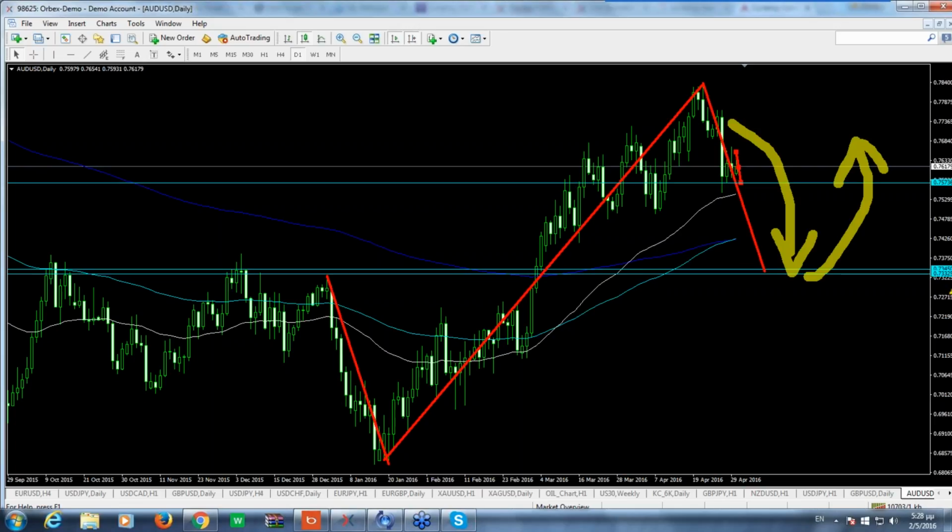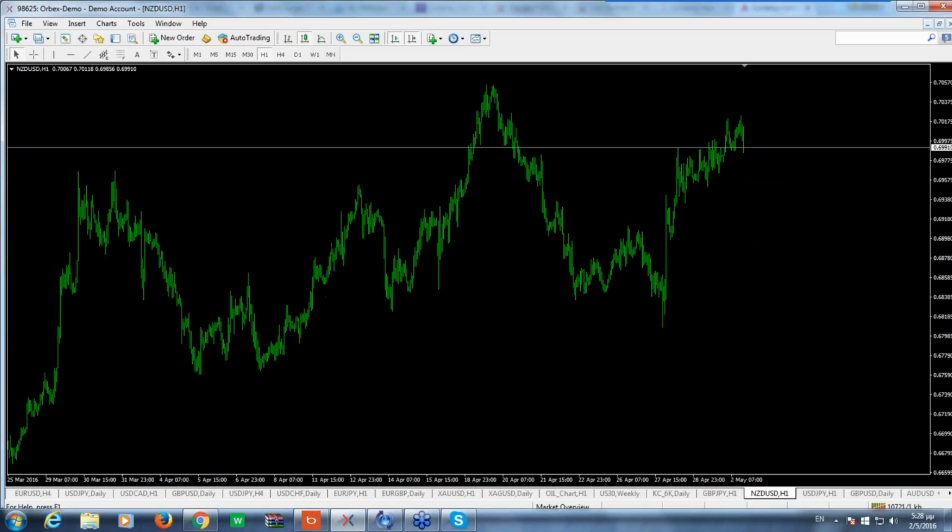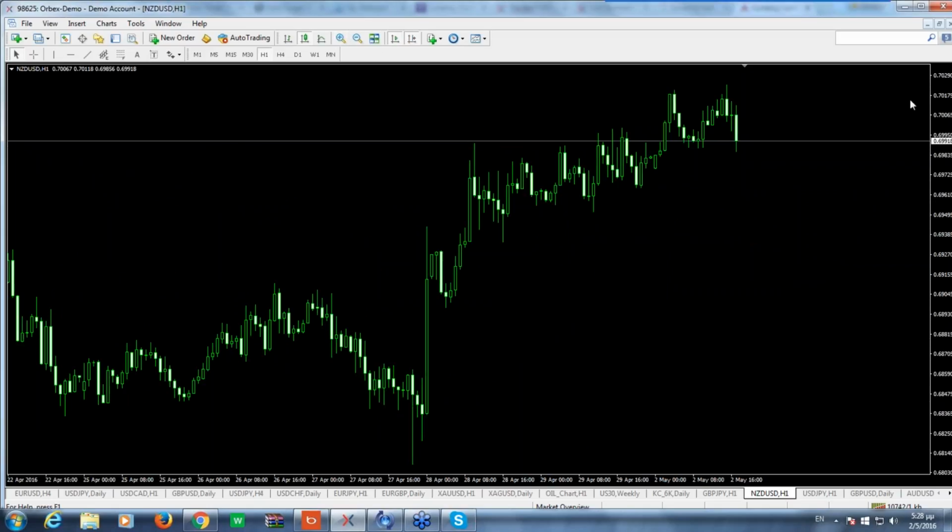Okay, and now if I clear all that again on the drawings, if we go on to NZD/USD, usually there are correlations between the NZD/USD and the AUD/US dollar. So yes, this one here looks like it's quite clear.